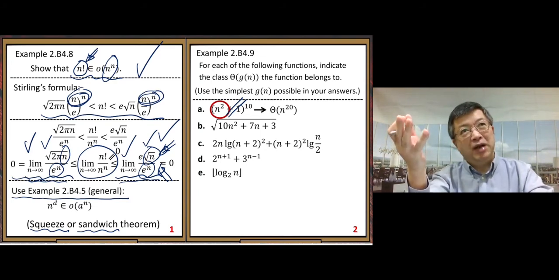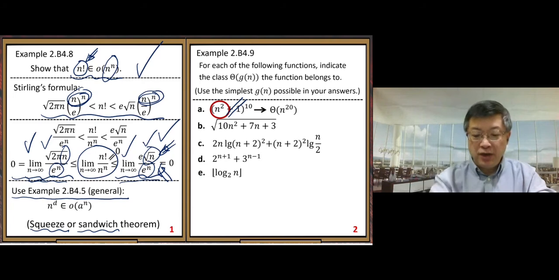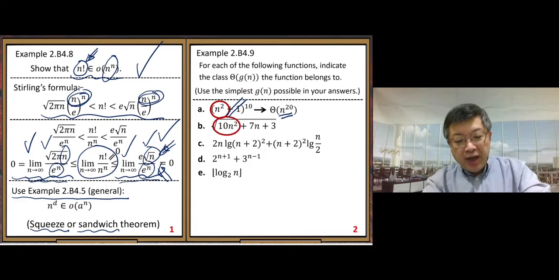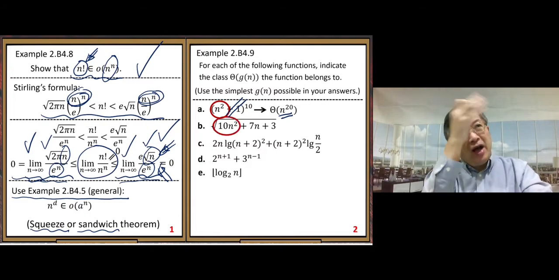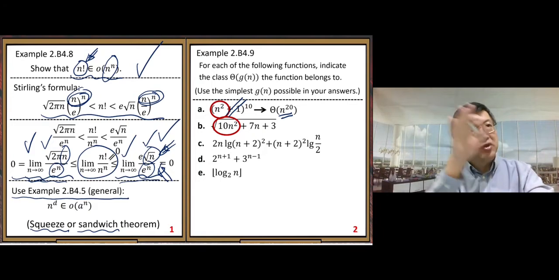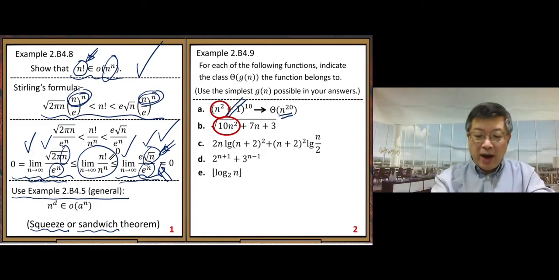That's simple. N to the 20th, that's the simplest possible g function. All right, B, under the square root, we take the dominant term. So 10 n squared. Okay, minor term, ignore.